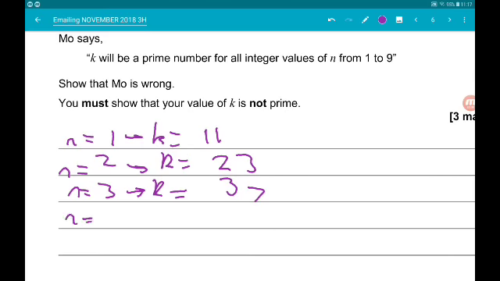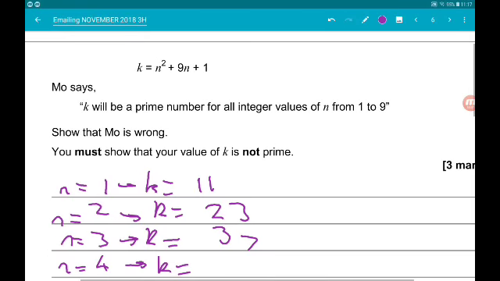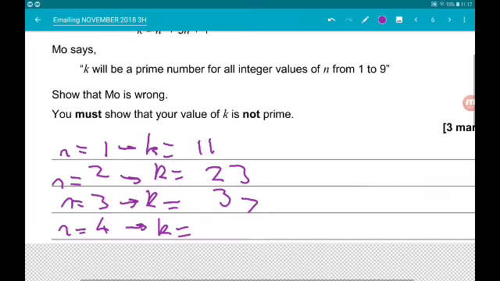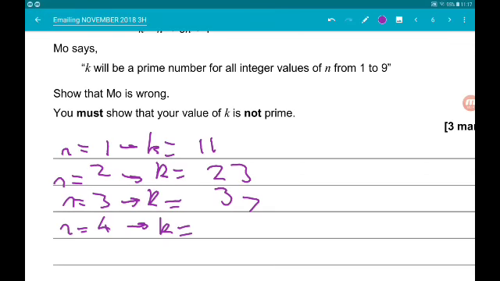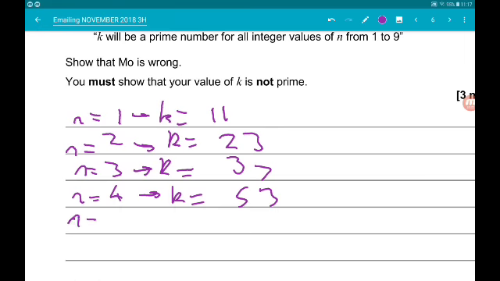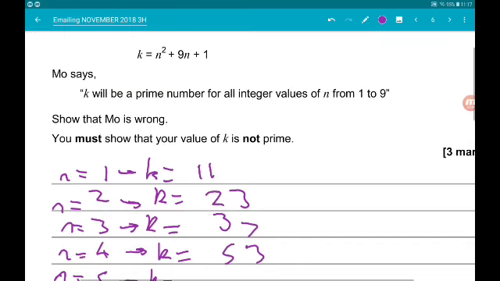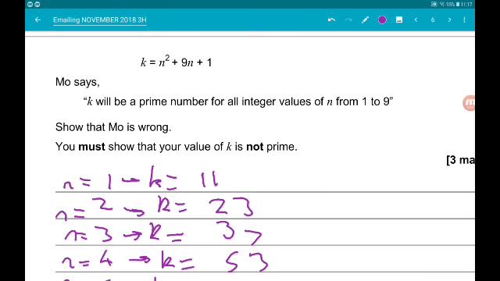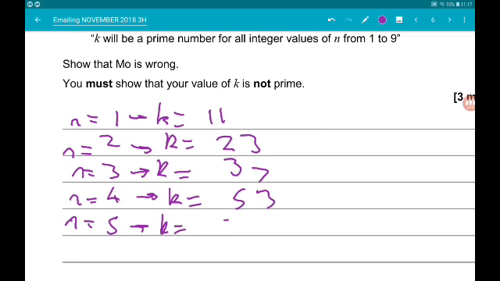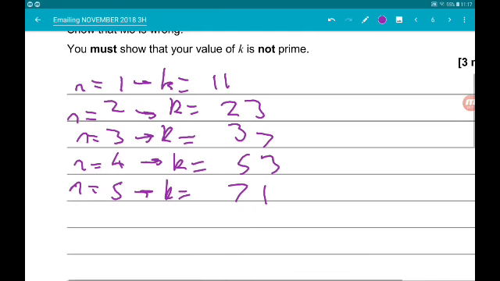When n is 4, k is 16, add 36, add 1, which is 53, which is prime. Again, if you're not sure on the primeness, use your calculator. When n is 5, k is 25, add 45, add 1, which is 71, which, you guessed it, is prime.